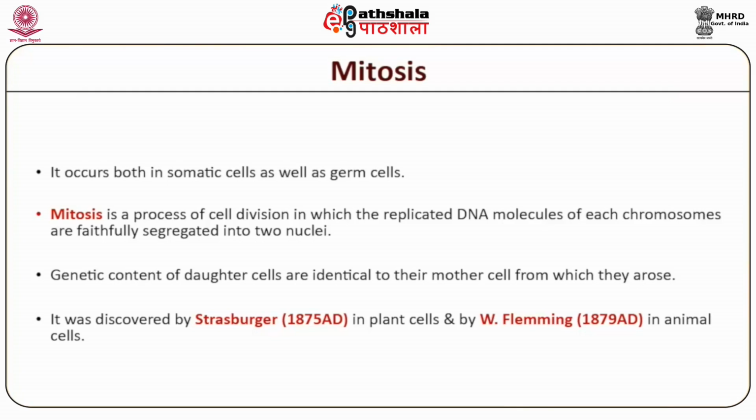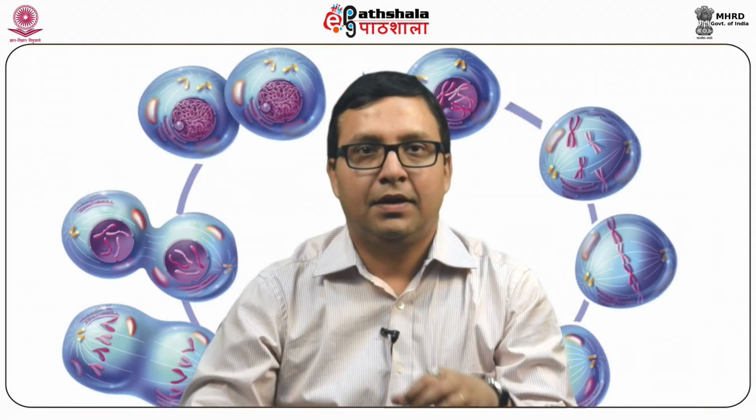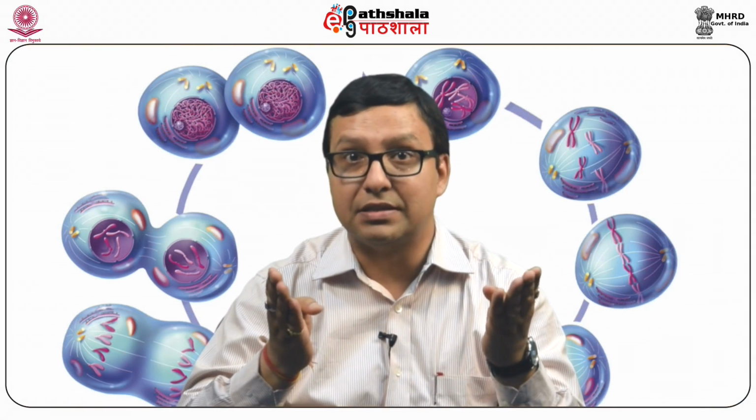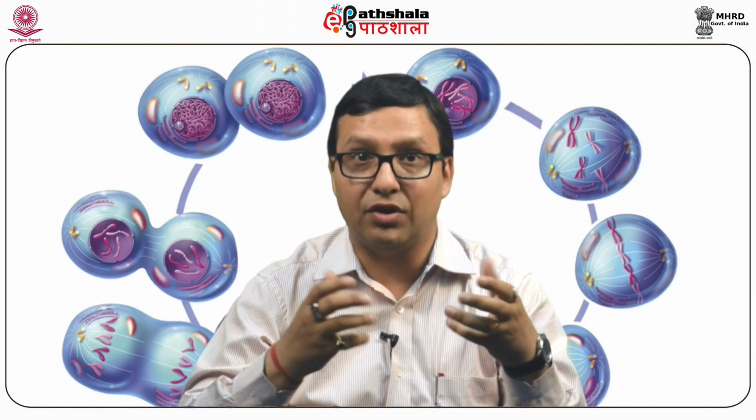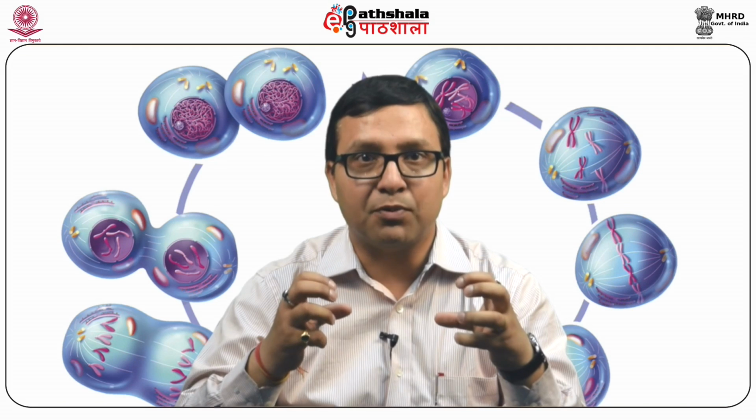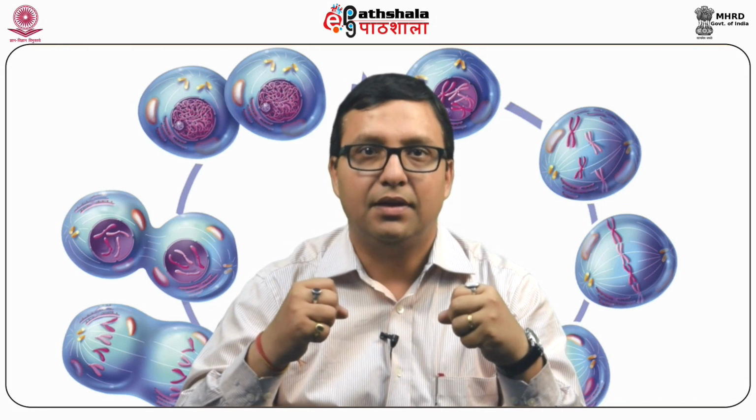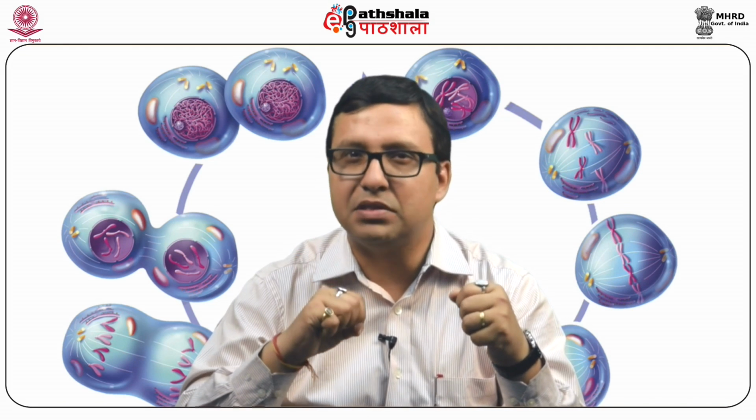Mitosis involves 2 events, karyokinesis and cytokinesis. In case of mitosis, the genetic material is partitioned into daughter cells. During nuclear division, or you can say karyokinesis, this process is quite complex and requires great precision.